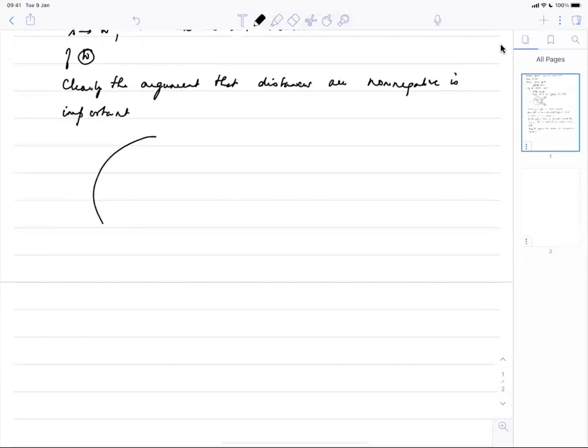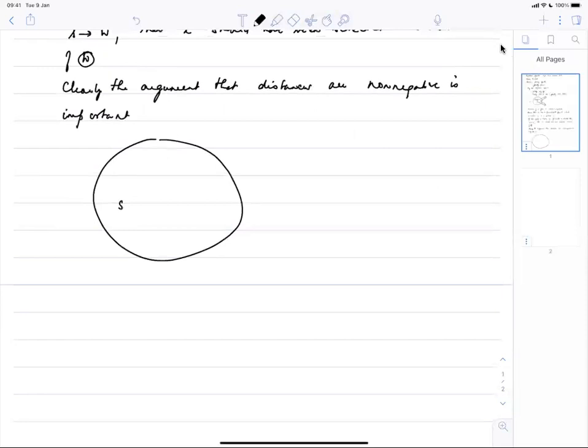Another possibility is we have S here, W which is outside, and this X which is inside.